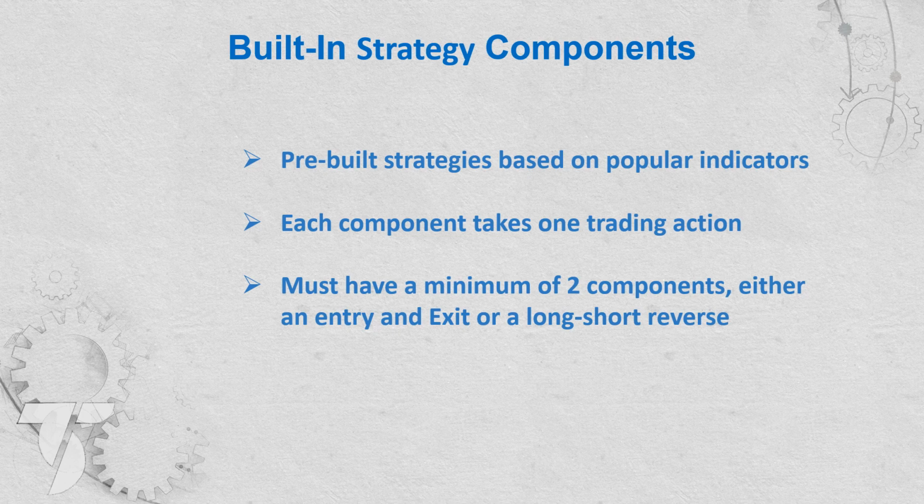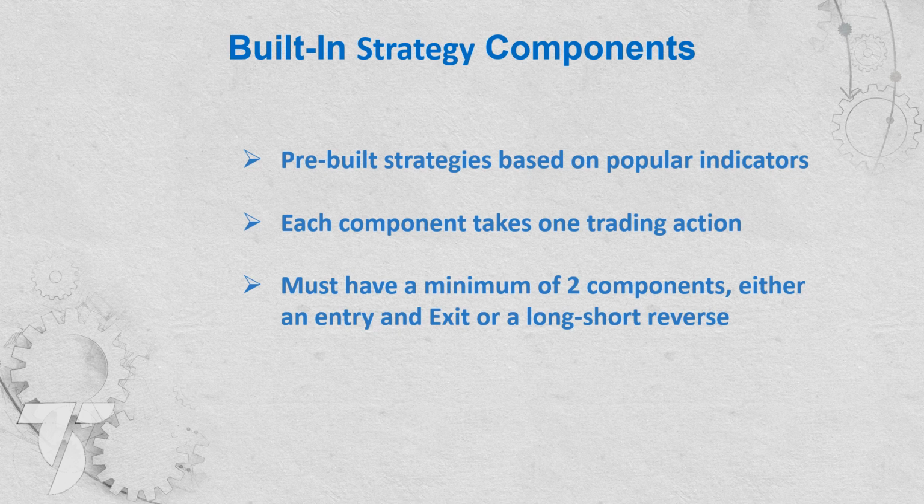And we talked about how each of these components takes one trading action, right? So there's no complete strategies in TradeStation. If you want a complete strategy, you have to write that strategy yourself, or maybe lease a strategy from one of the developers in the trading app store, which offer complete strategies that you can download and trade.